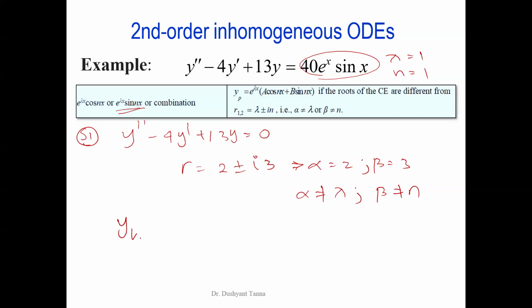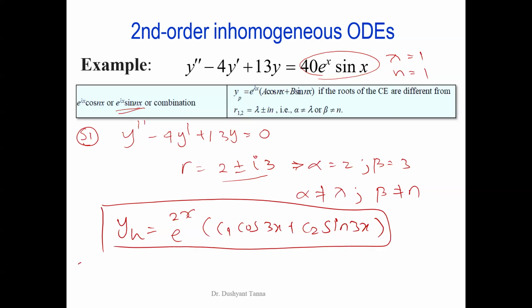Right, your yh, the homogeneous part, which was from the previous example, is e raised to alpha x, that is e^(2x), (C1 cos 3x + C2 sin 3x). This is your yh.